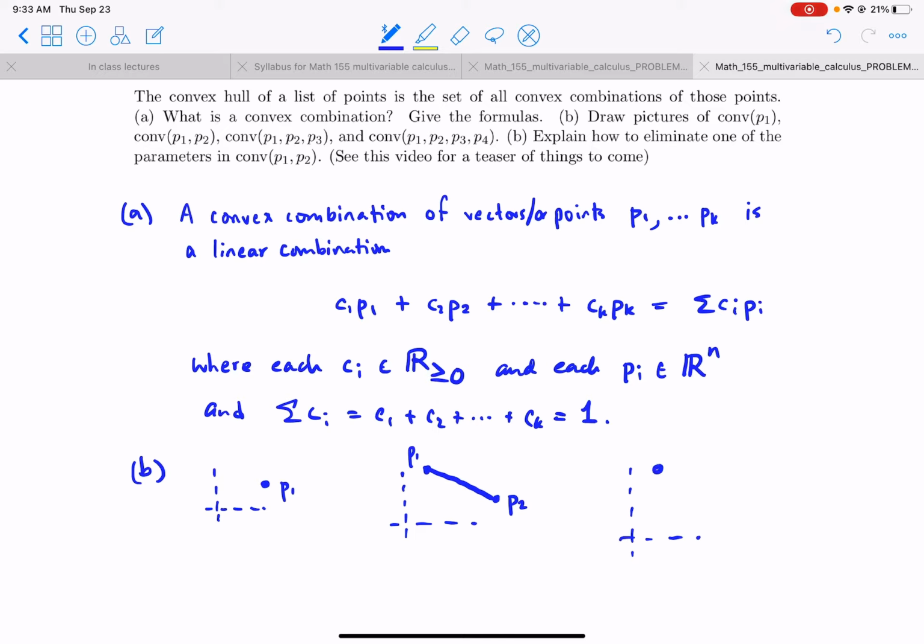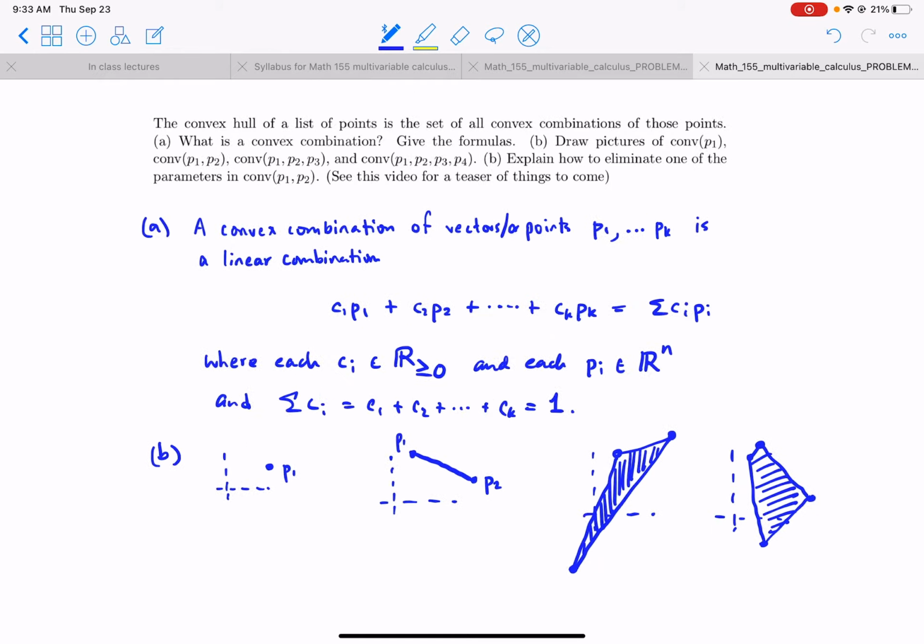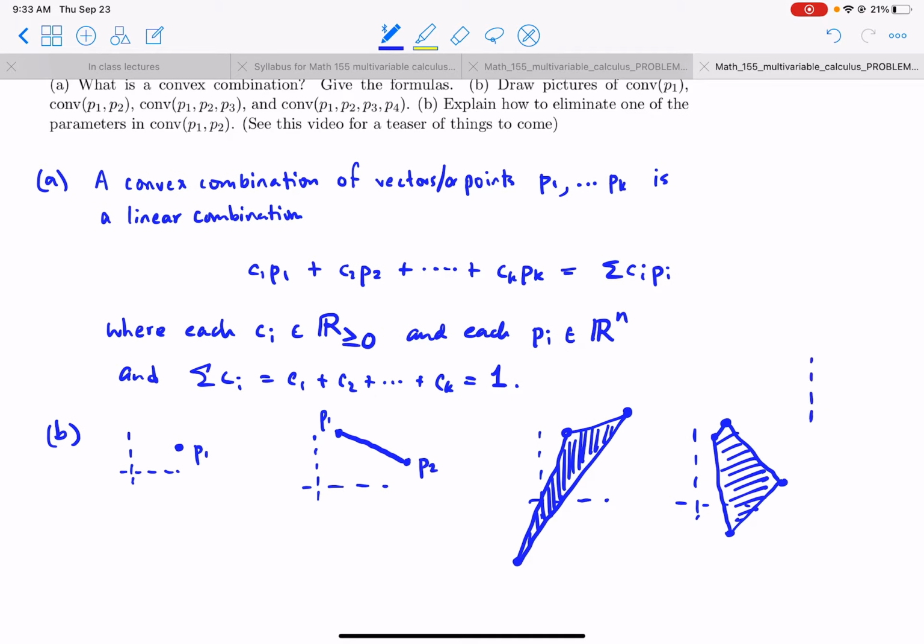If I have P1, P2, and P3, this is the set of all convex combinations. And if I have 4 points, then I get some sort of a quadrilateral or a tetrahedron.